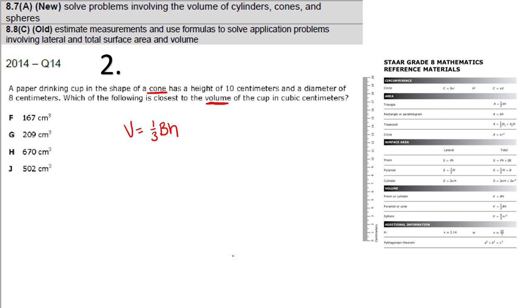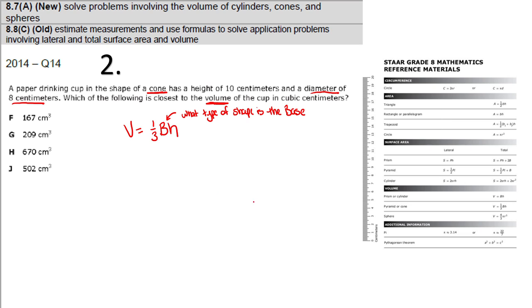So that's first step. Second step, we got to figure out what type of shape is the base. Now, it's talking about diameter here, and that is directly talking about the base.